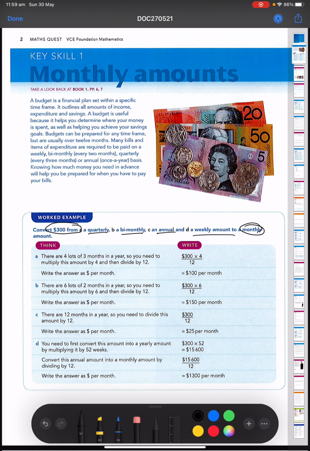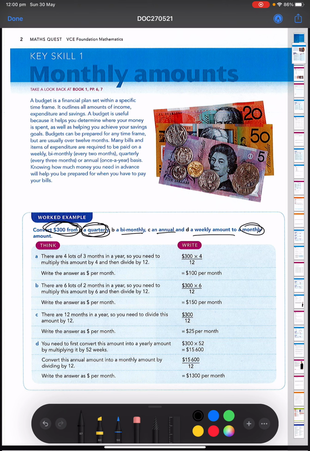So if I am told that my phone bill comes every month, how much am I paying each month, but if your phone bill comes weekly, how much are you then paying every month. So converting these different amounts to monthly amounts. So say the first one here, $300 from a quarterly amount. So in terms of quarters, how many quarters are there in 1 year?